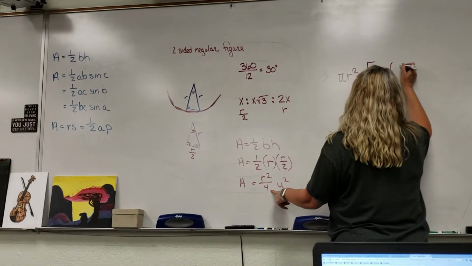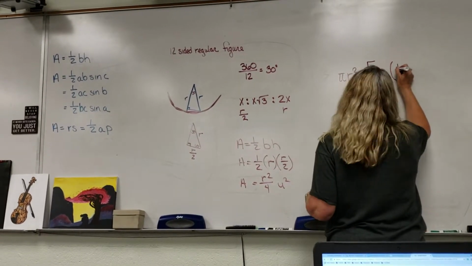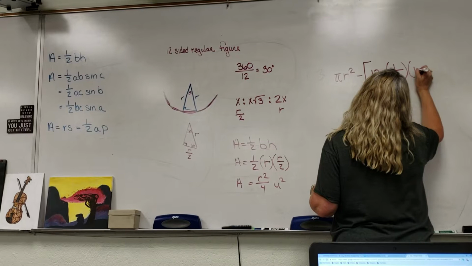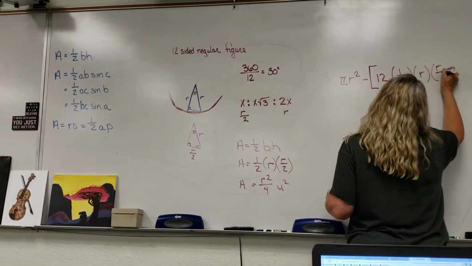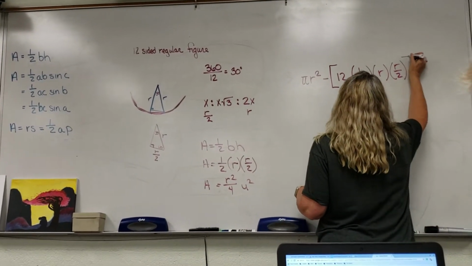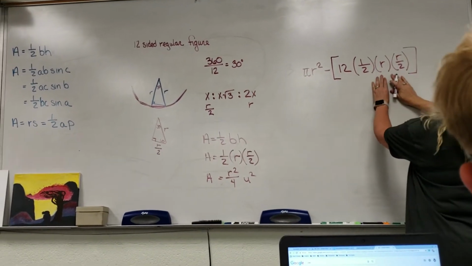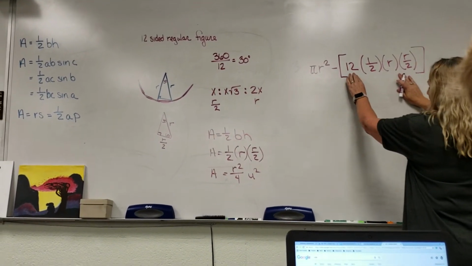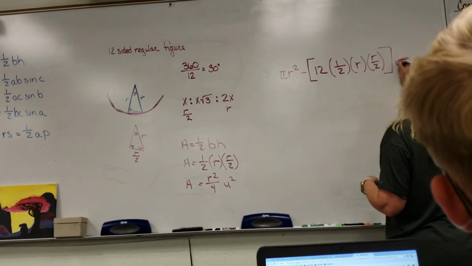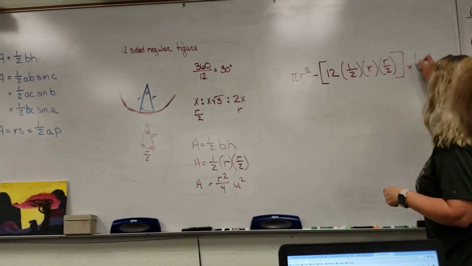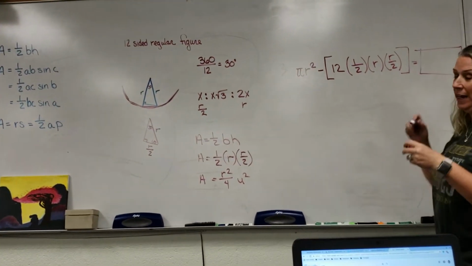So I think they did something like 12 times 1/2 times r over 2. So this represents the polygon. This is one triangle. This is all 12 of them. Subtract it from that, and that's going to give you the answer to the problem. So that's actually the answer.